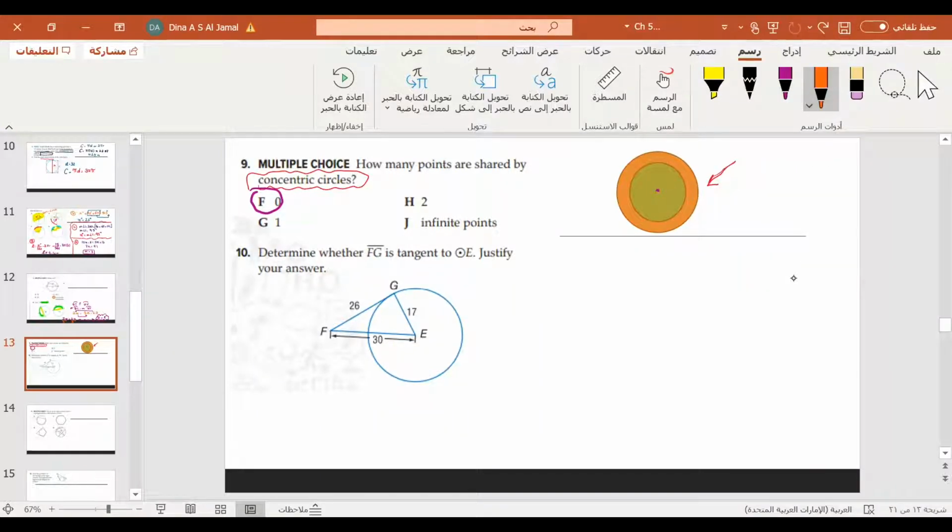Determine whether FG is a tangent to the circle and justify your answer. That means all we need to do is make sure whether, when we add segment FG, we are going to have a right angle triangle or not.